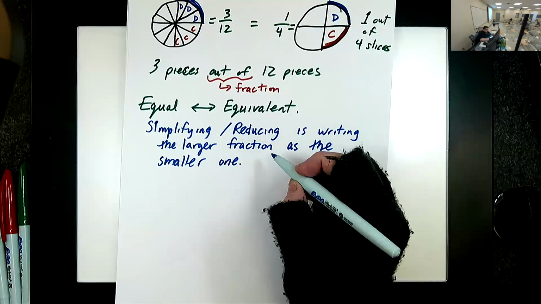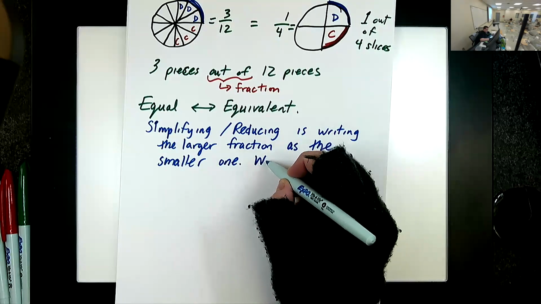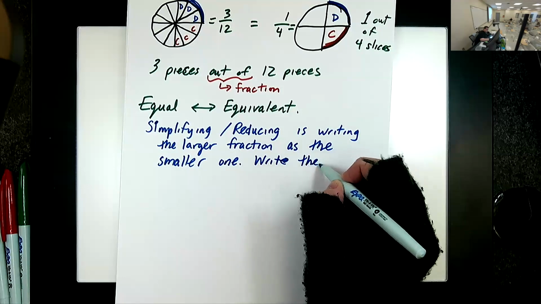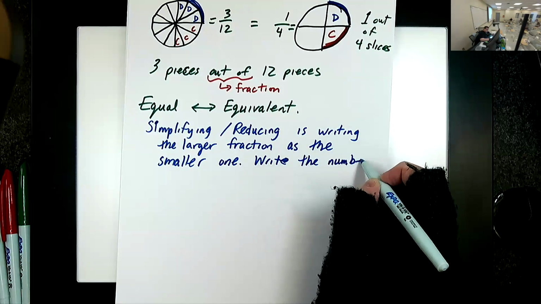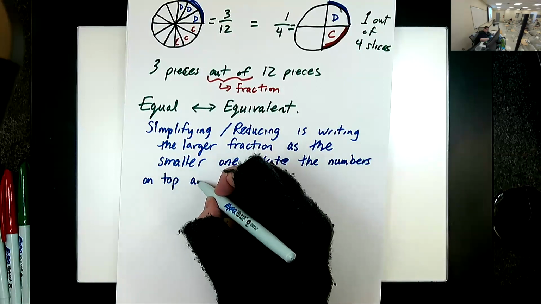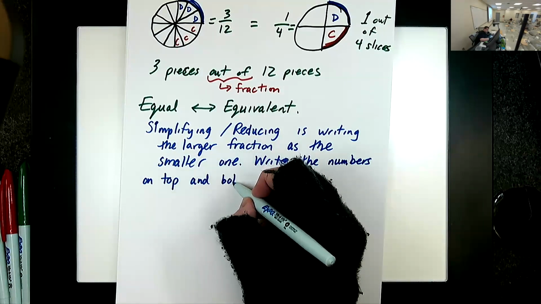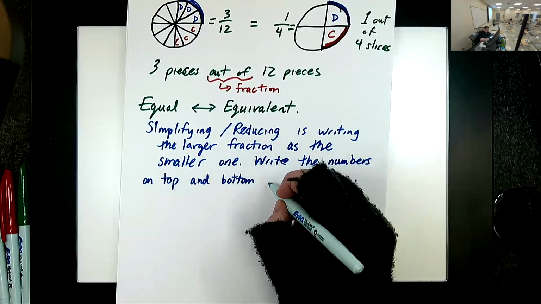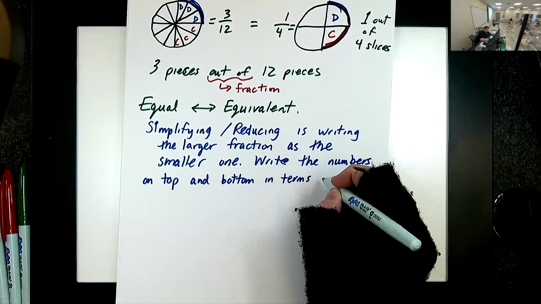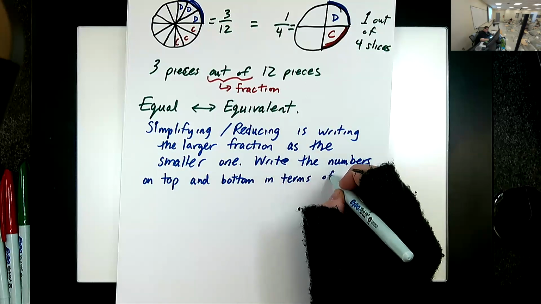And what we do is we write the numbers on top and bottom in terms of their factors.